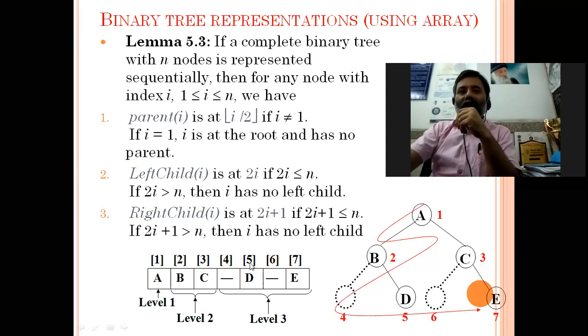So D will be stored at 5. Similarly for C, the left child is empty, so 6 will be blank. C has a right child, so E will be stored at 7. So in this way, if any left or right subtree is empty, that memory will be wasted. If it is a complete binary tree, then most of the space will be utilized and it will be the efficient one.